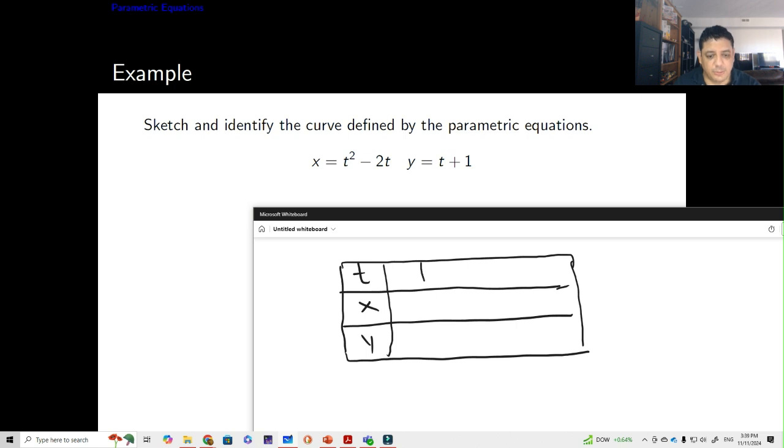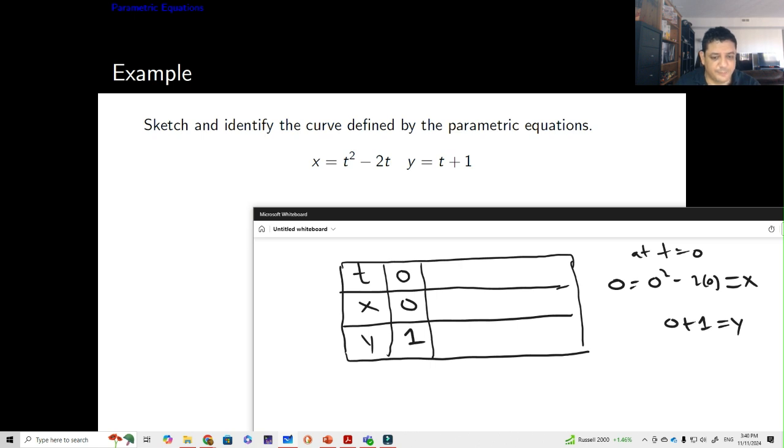For example, we can start with t equals 0. If t equals 0, then x is 0 squared minus 2 times 0, which is 0, of course. And for y, you have 0 plus 1, which gives me 1.